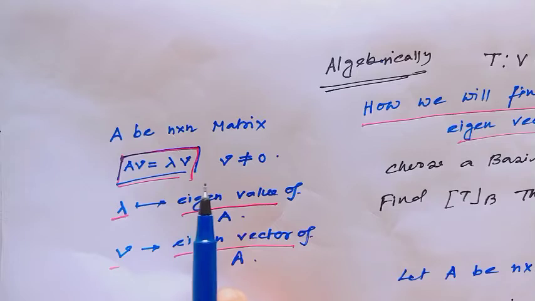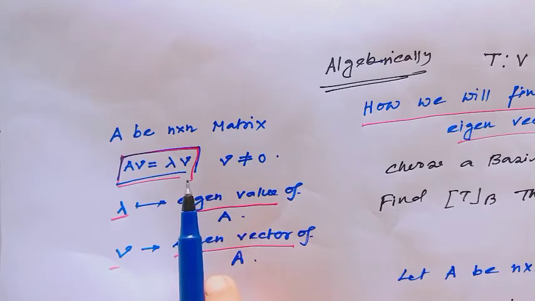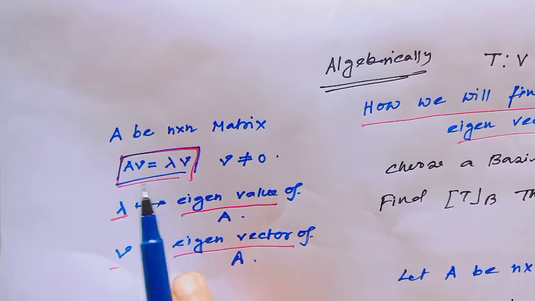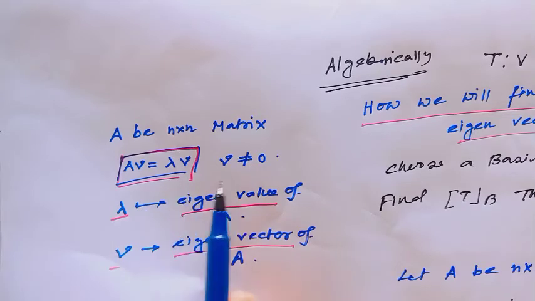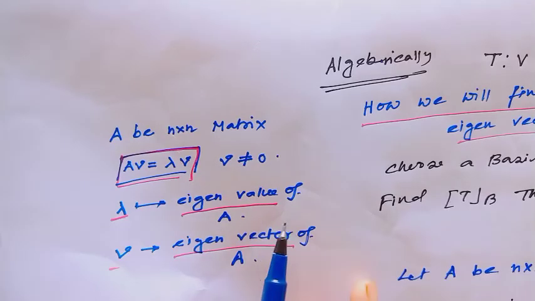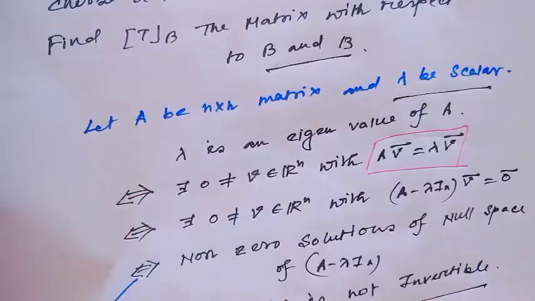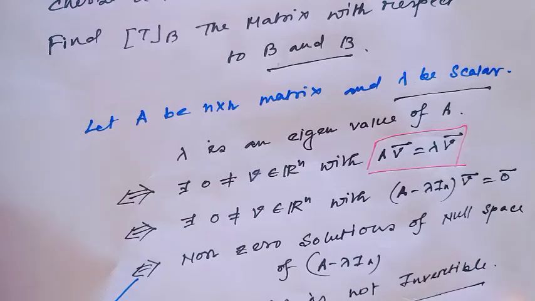Then Av equals lambda v, because here the linear transformation is given as a matrix, where v is not equal to 0, then lambda is an eigenvalue of A and v is an eigenvector of A.